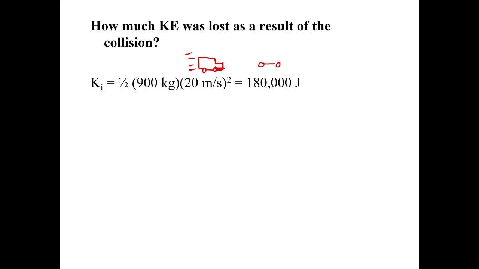The big car, the Cadillac, was stopped, so its initial K is 0. Only the little car has initial kinetic energy. So the little car had, this is just 1/2 mv squared, just to remind ourselves of the kinetic energy formula, 1/2 times 900 times 20 squared is a big number, 180,000.